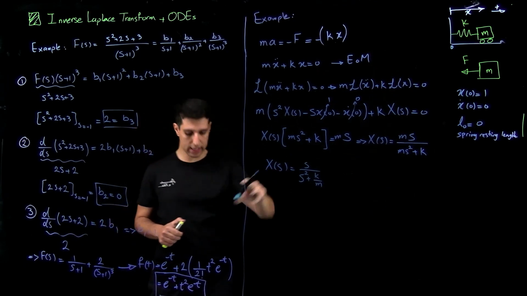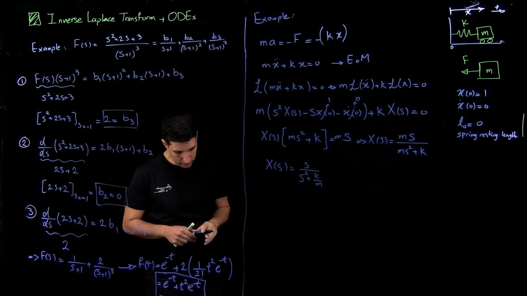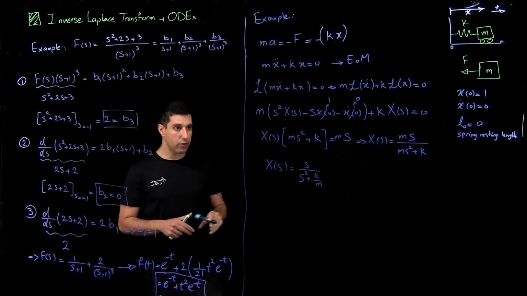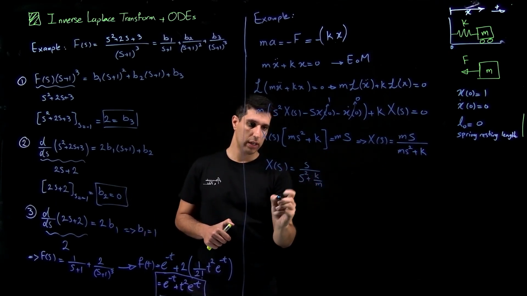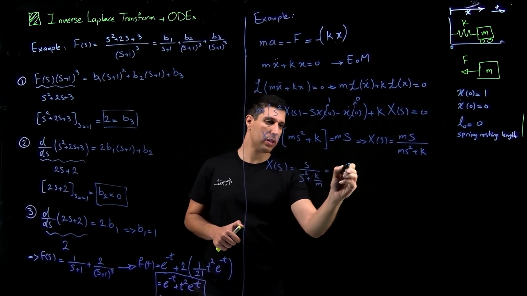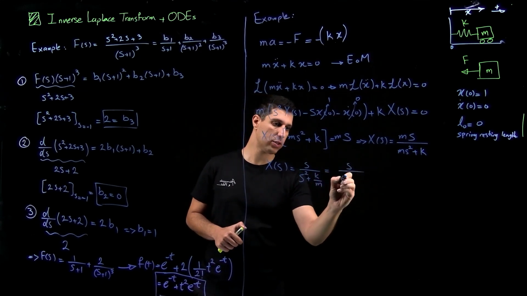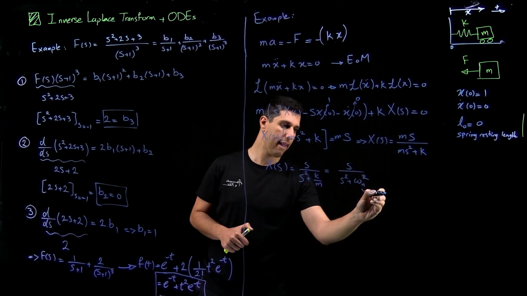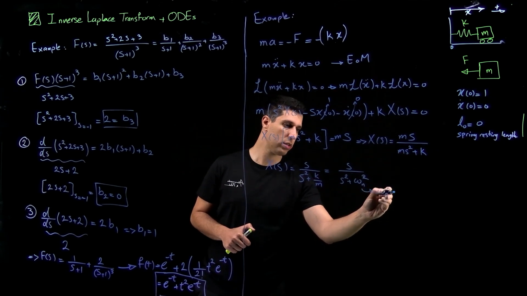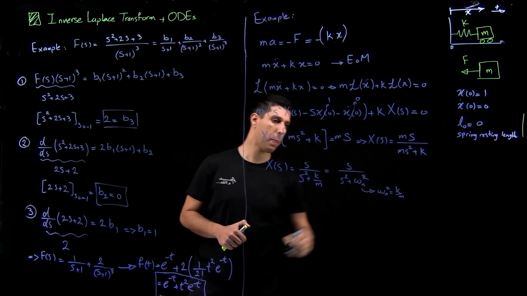Now compare it with s over s squared plus omega n squared, where omega n squared is k over m.